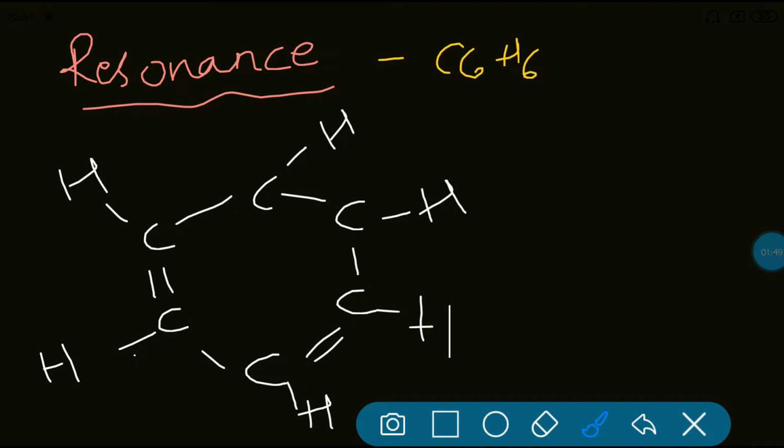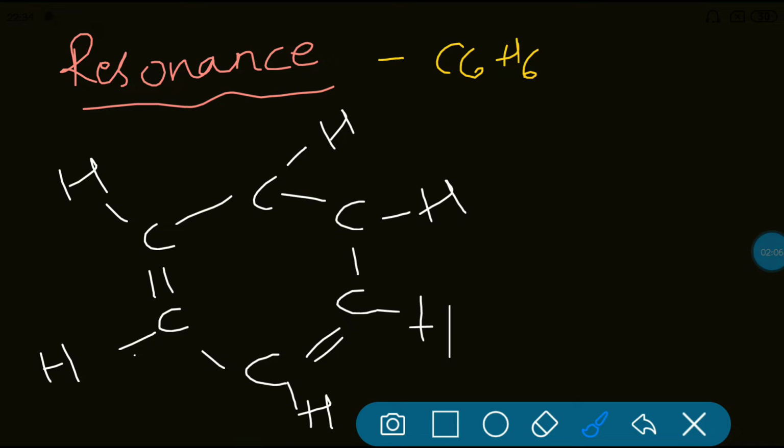Now this is the actual structure for C6H6. Now the structure can be written in different ways, right? Two or more ways. Now I'll write the same structure in another way.